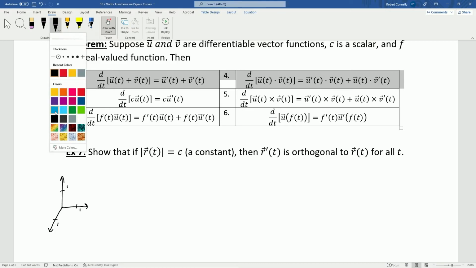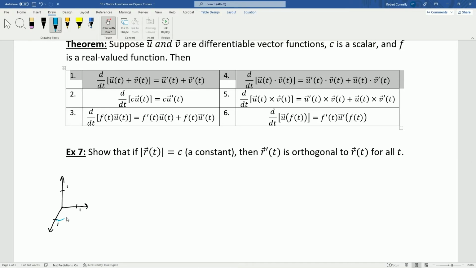Right, so if we draw a sphere, my sphere is not very good. Well, close enough. So if we draw a sphere, what do we see about the sphere? The definition of the sphere says that every point on the sphere is the same distance from its center.